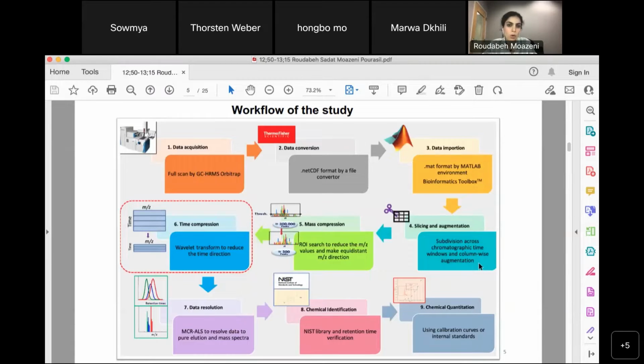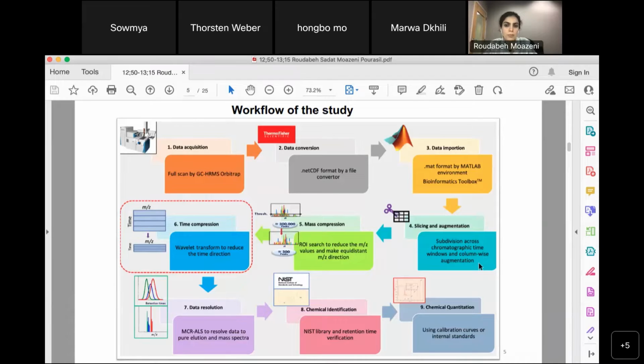The whole workflow of this study is presented in this slide. First, we analyzed our samples with GC Orbitrap MS as a high resolution mass spectrometer, and then we collected data.